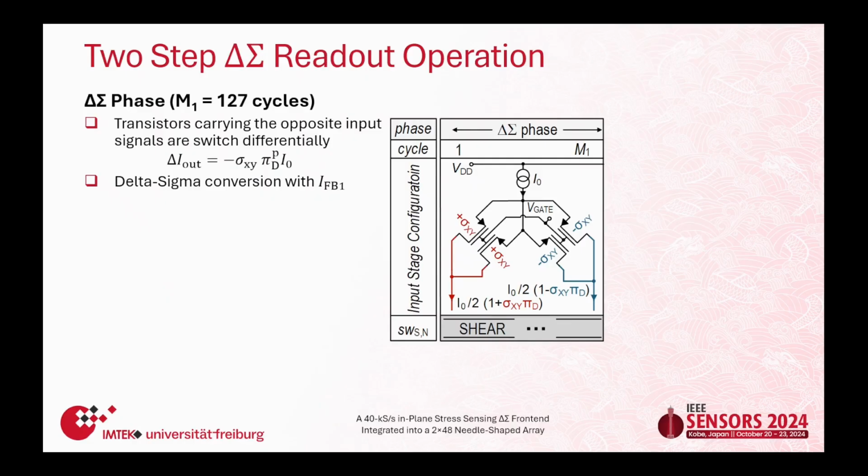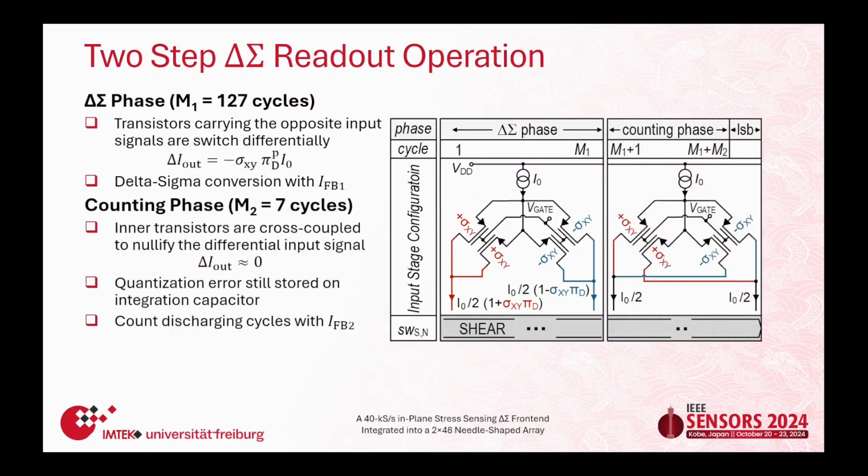So let me explain now the two-step conversion principle. In the first phase, which is called the delta sigma phase, we're going to connect our input transistors differentially and convert that stress-dependent current by means of I feedback 1. So this is a classical delta sigma conversion. In the second step, after 127 cycles, we move on to the so-called counting phase. During that phase, we're going to cross-couple the inner two transistors, thereby effectively nullifying the input signal.